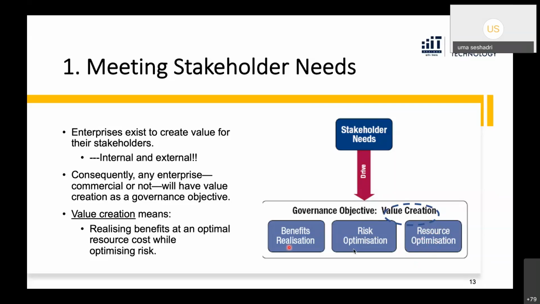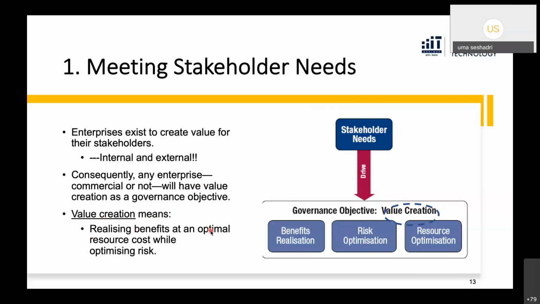Now these are some of the values we have to create for the stakeholders, either internal or external. Once you create that value, you will also realize the benefit when you implement those policies in the processes. It will provide you an optimal solution. It can be in terms of cost, speed, or space, whichever may be your goal.